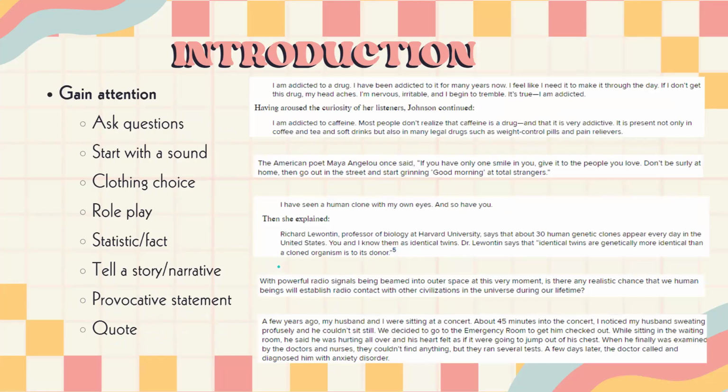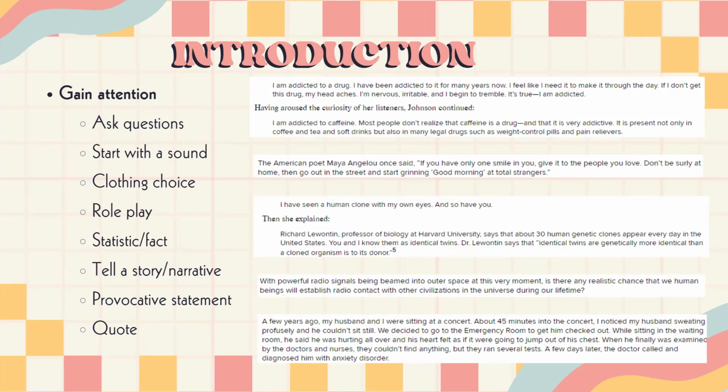I wanted to go deeper into this one because I think sometimes we struggle with that. We were struggling a little bit when we did our mini speech on Wednesday, so I wanted some examples so you could see with your eyes. Some options to gain attention are asking questions, starting with a sound, or your clothing choice.